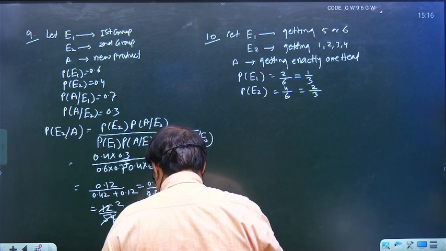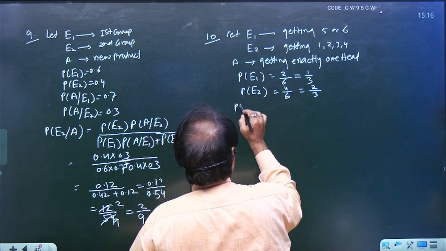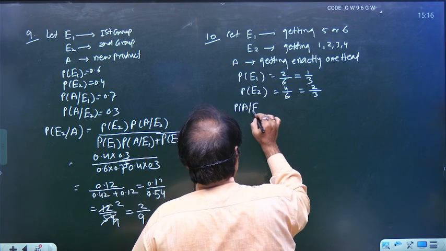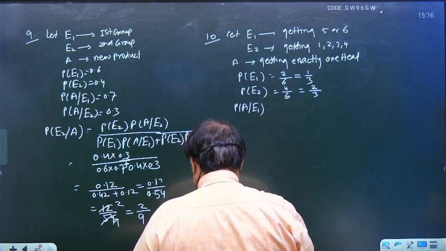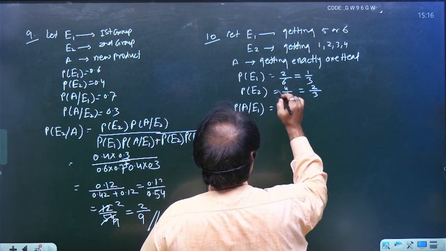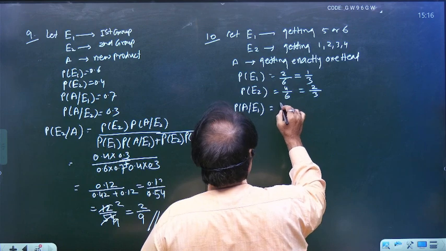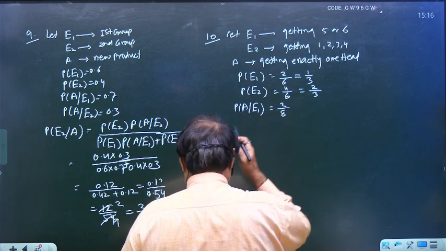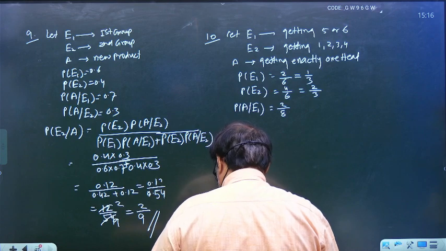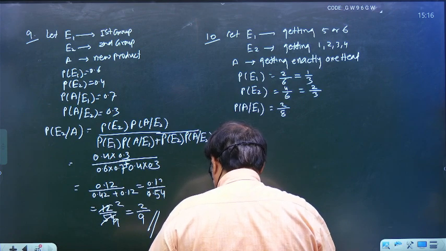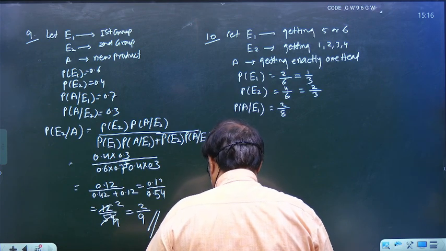Okay. And probability of A by E1, what will be the probability of A by E1? That is getting exactly one head in 3 tosses, 3 by 8, because the coin is tossed 3 times, so the sample space will be 8. And now probability of A by E2.